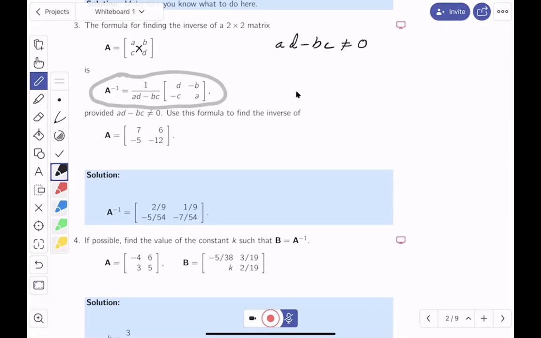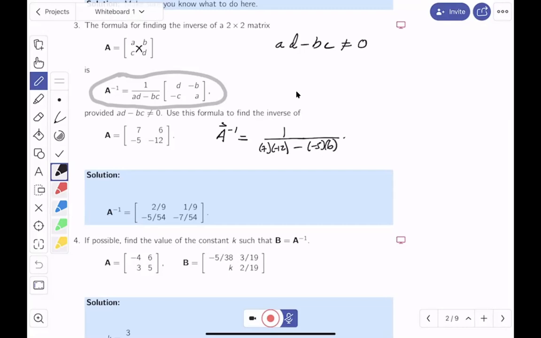So I'm going to write this down for you. What's A inverse? Well, it's going to be 1 over, and we'll do the arithmetic, the product of the diagonals. Well, that's going to be 7 times minus 12. Minus the product of the other diagonal, which is minus 5 and 6.